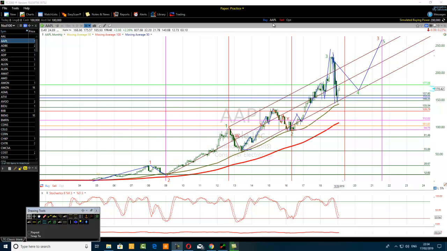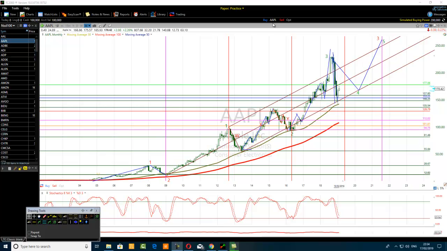I explained all this before. Another rule is that the third wave should not be the shortest wave, because if the third wave is the shortest impulse wave, there is a high chance that the fourth wave will overlap the first wave, creating another violation of the Elliott wave rule. There are many other Elliott wave rules that we follow.